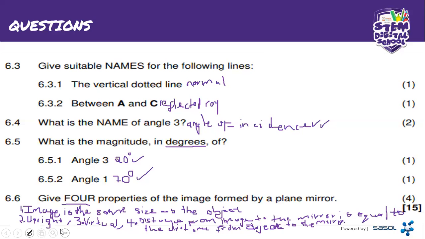So when you look at yourself as an object, for example, the distance from the object to the mirror is exactly equal to the distance from the image to the mirror. And that is going to give you 4 marks altogether. So remember these 4 properties of the image that is formed by a plane mirror.